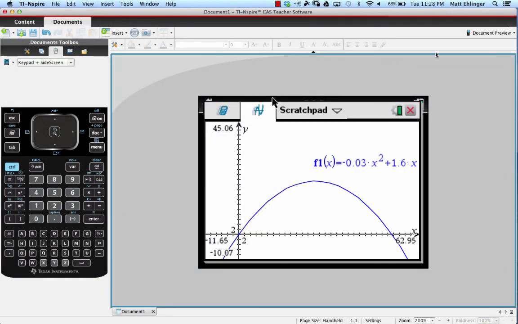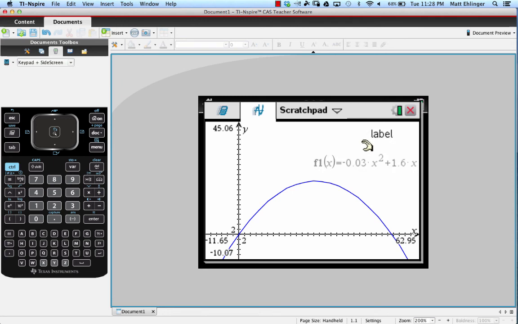All right, so what we're going to be doing here is analyzing our quadratic function to model our soccer ball. I've gone ahead and entered the function into the calculator, graphed it, and changed the viewing window a little bit, so I can see the whole graph, at least the parts I'm concerned with.